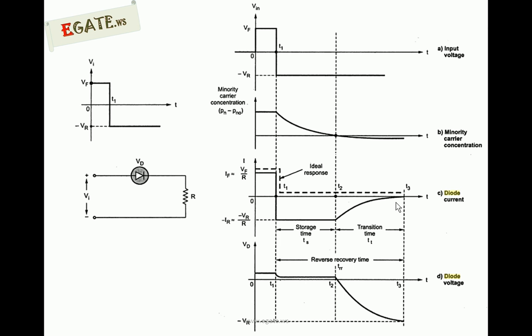That time is called forward recovery time. The sum of storage time and transition time when changing from forward to reverse is called reverse recovery time, indicated with TRR. TRR is equal to TS plus TT, storage time plus transition time.